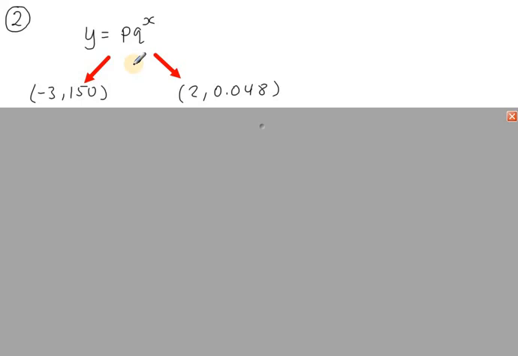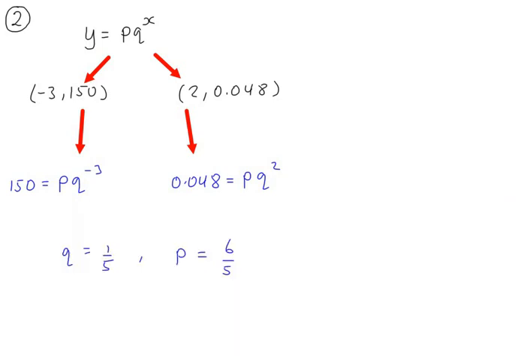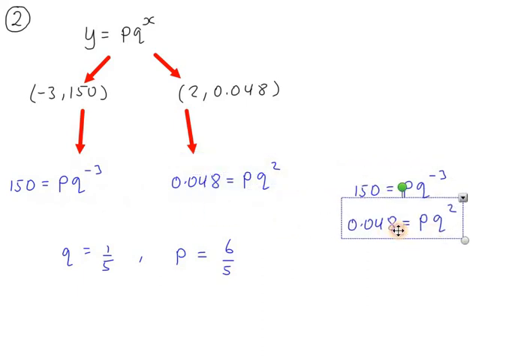In this example, we have to calculate the values of p and q. We're given the coordinates of 2 points on this graph. If we substitute the coordinates in, we have simultaneous equations which we need to solve, and solving gives p and q. One method for solving would be to take the equations and divide them.